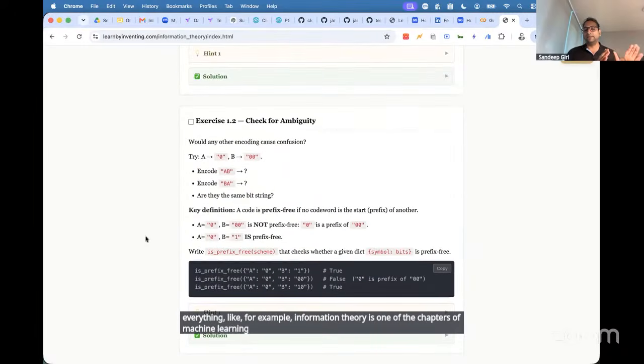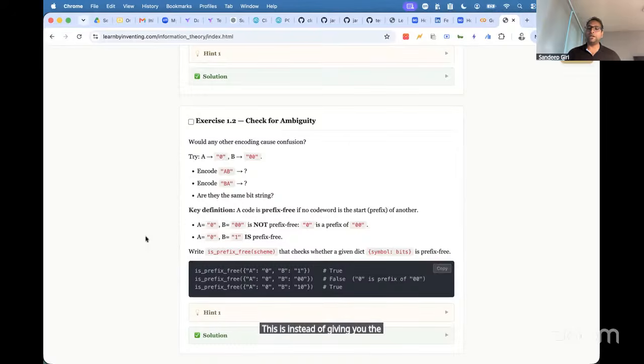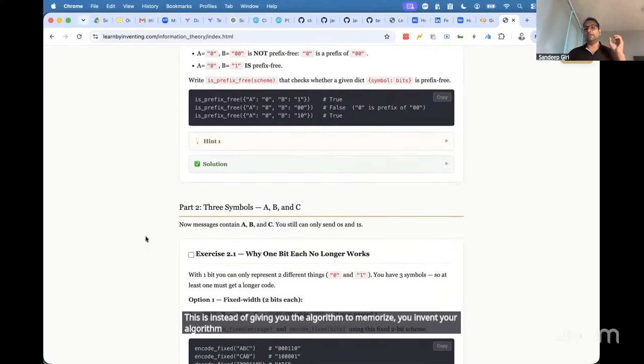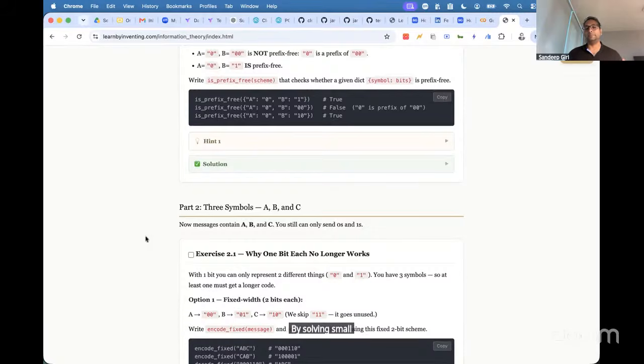Instead of giving you the algorithm to memorize, you invent your algorithm by solving small questions at a time.